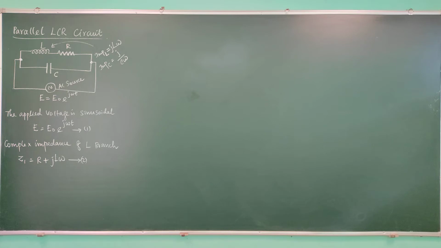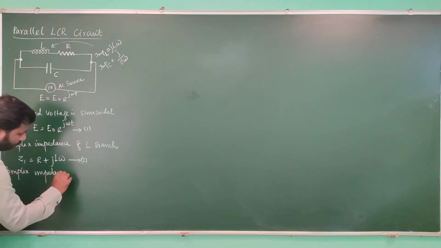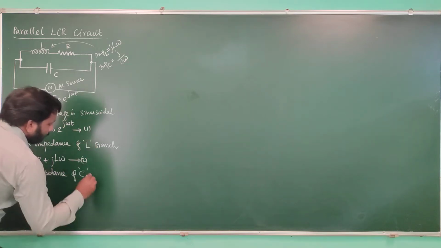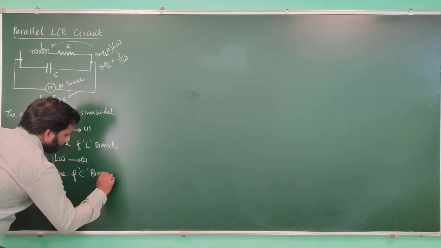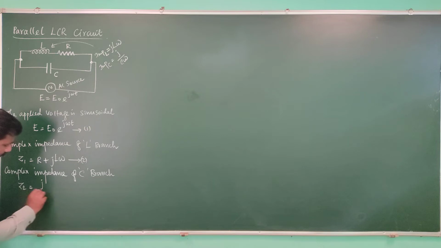Similarly, the complex impedance of the C branch, that is for the capacitor, we can write Z2 that is equal to 1 by j C omega.